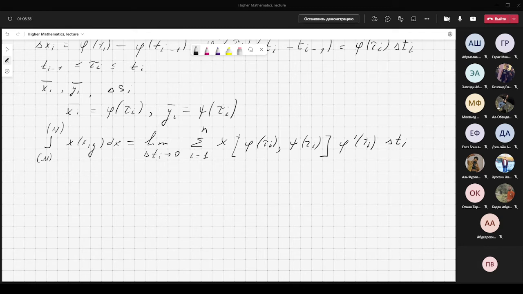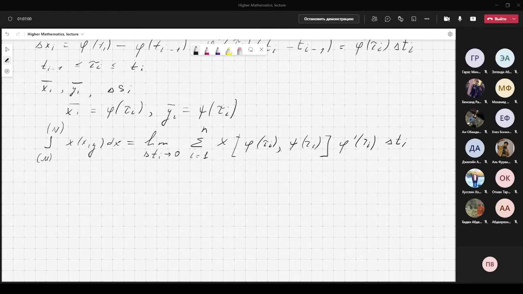On the right is the limit of the integral sum for the continuous function of a single variable x of phi of t, psi of t, times phi prime of t on the interval from alpha to beta. Hence, this limit is equal to the definite integral of this function.